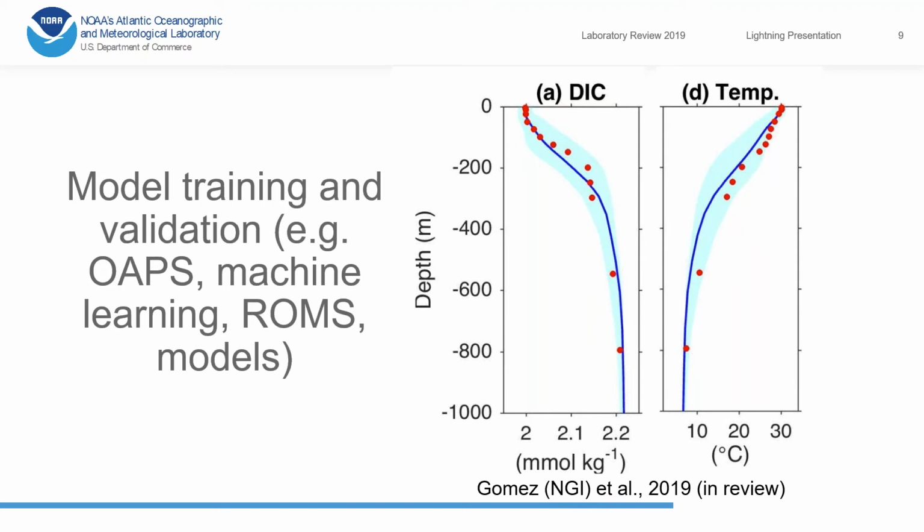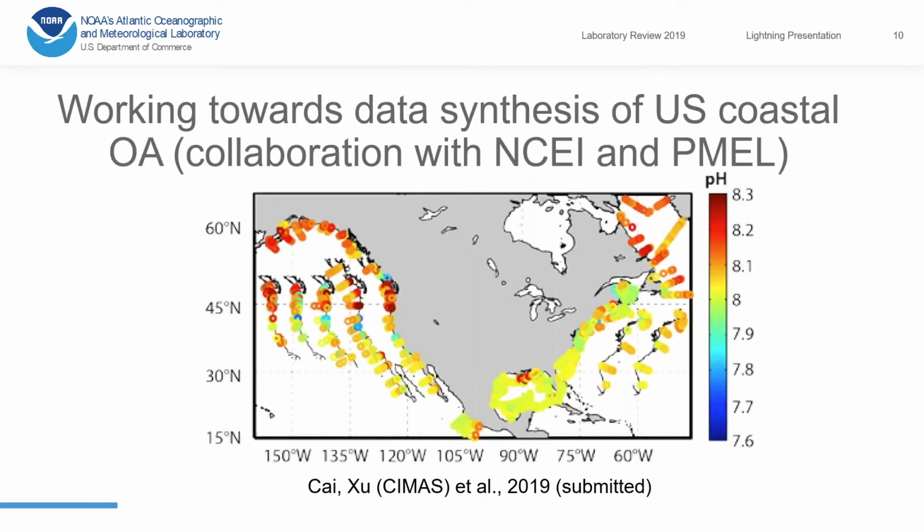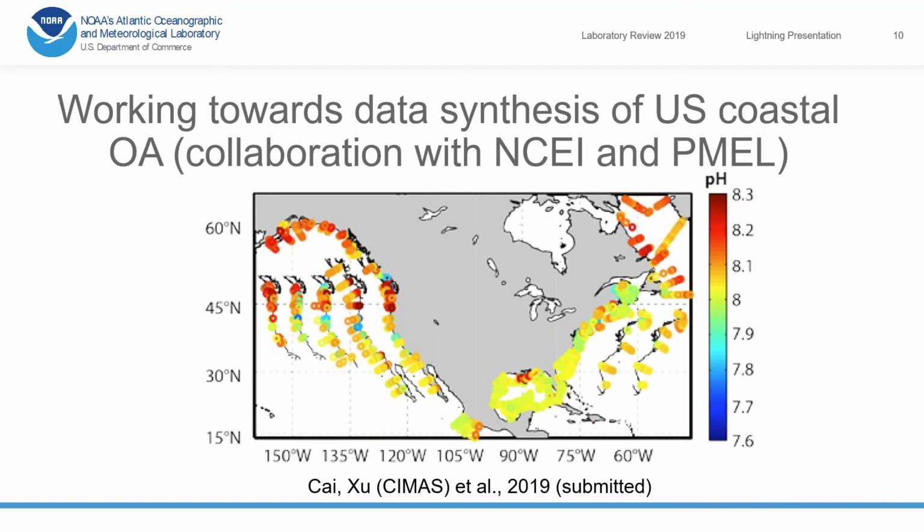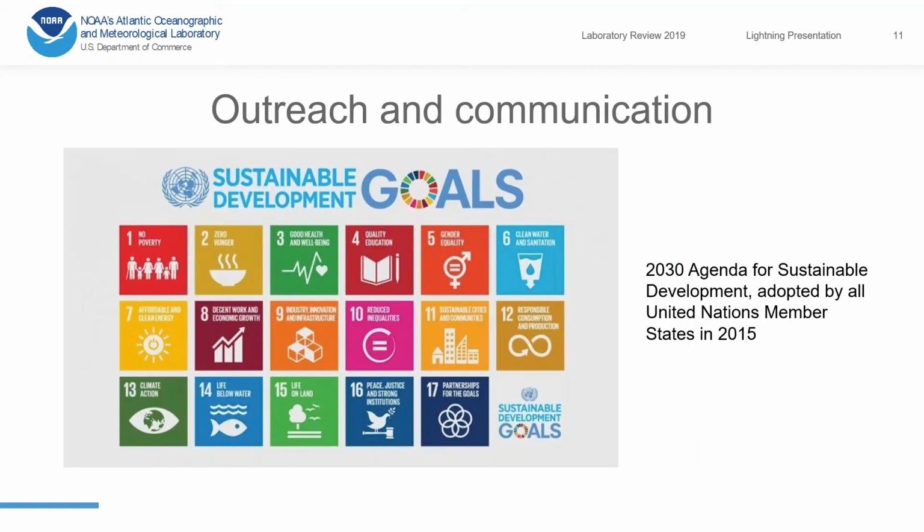This is an example of that biogeochemical model in the Gulf of Mexico compared to our GOMECC data collected in the Gulf of Mexico in 2012. We are working with our partners at NCEI and PMEL to collect and produce the first US-wide coastal OA data product that will be following GLODAP and GO-SHIP standards.